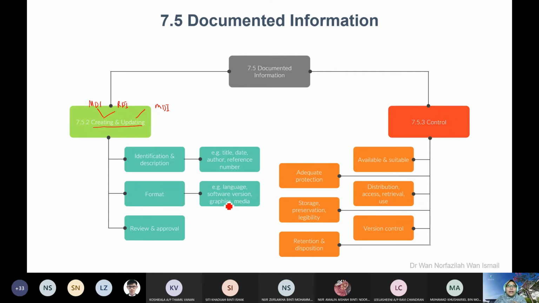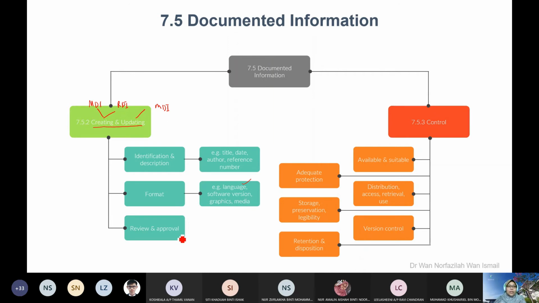They only know yes or no. So the requirement for the person in charge may be someone who graduated from Japan. So the language you use also depends on your customer. Software version: for a GCMS from 10 years ago, can the new GCMS use the software version from 10 years ago? Okay, that is the format.